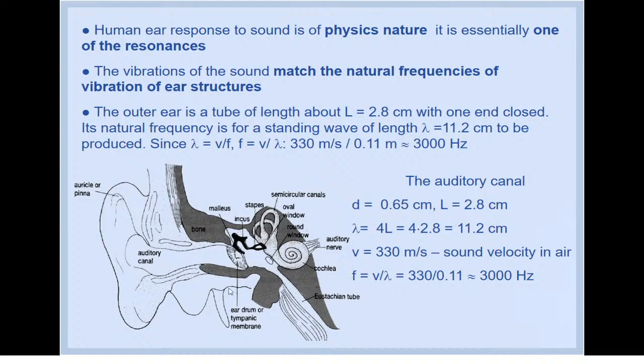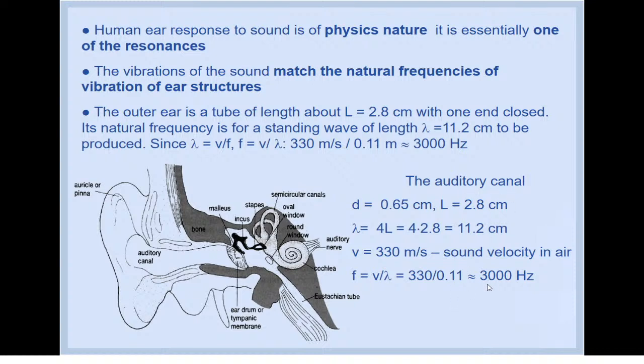So consequently, you can see that 3000 Hertz, 3 kilohertz, is the resonant frequency, the natural frequency for the air particles inside the auditory canal. So this frequency produces the largest amplitudes of the vibrations of the air particles inside the auditory canal.